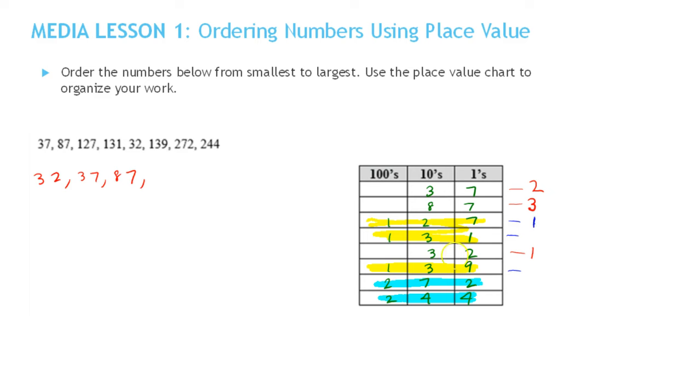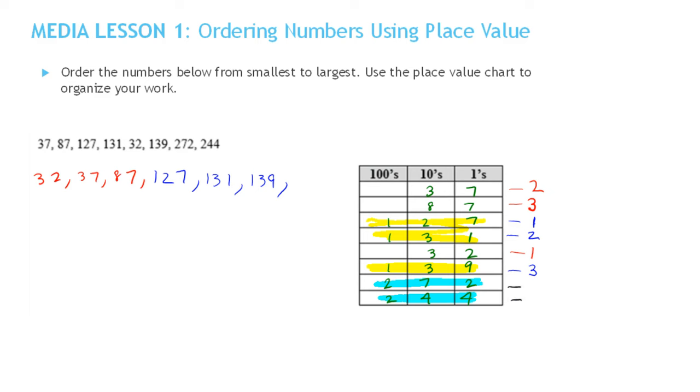Now we have 31 and 39, so for these we have to compare their ones place. 31 is smaller than 39, so this will be the second number in our next grouping, and this will be our third. So let's go ahead and list these. 127, 131, and 139.